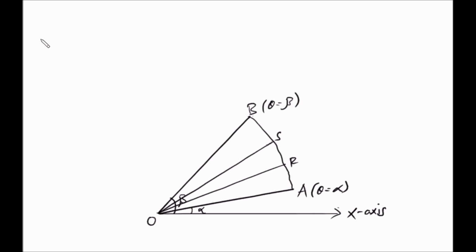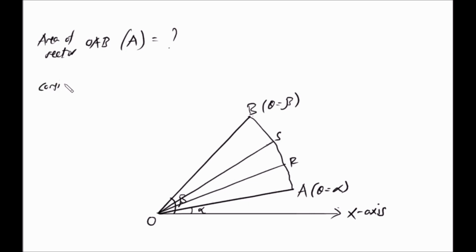So we want to find the area of sector OAB. So we call this A. But in order to find the area of the sector OAB, consider this small section.